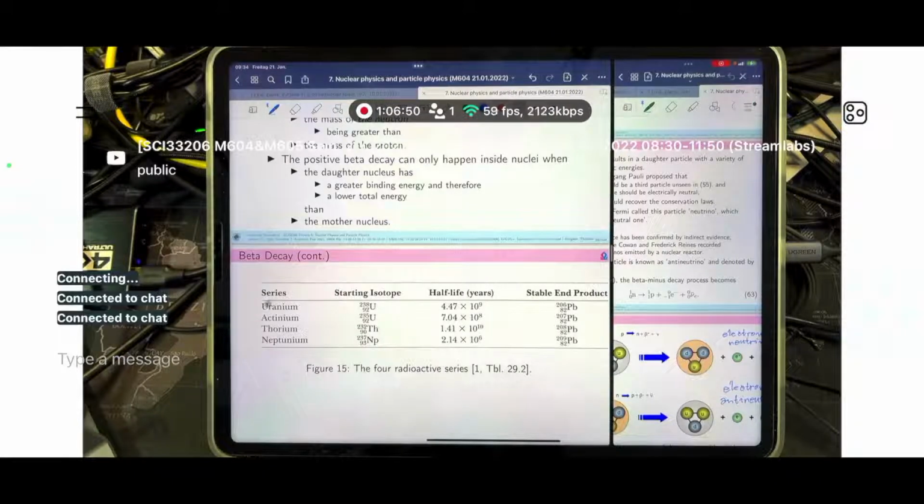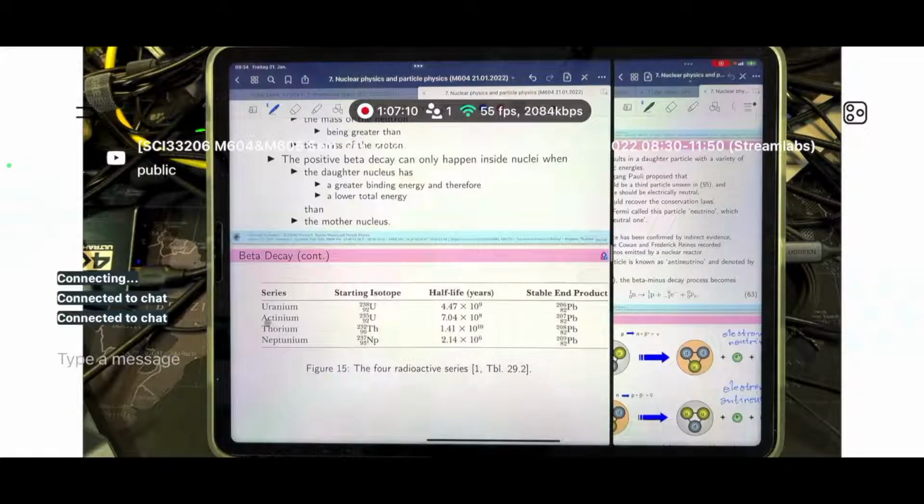The first family is uranium-238. The second one is uranium-235, which is the very useful series for humans to produce electricity in nuclear power plants.